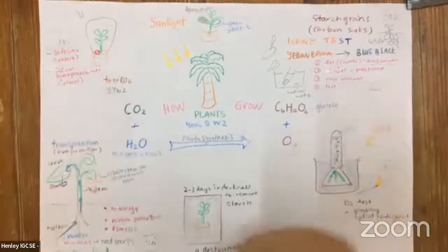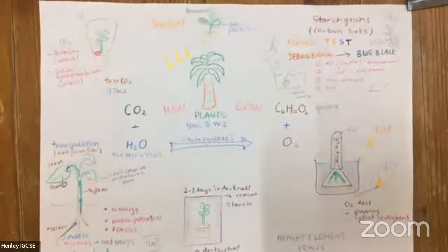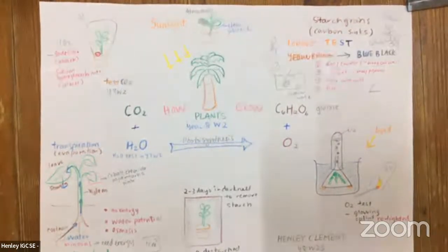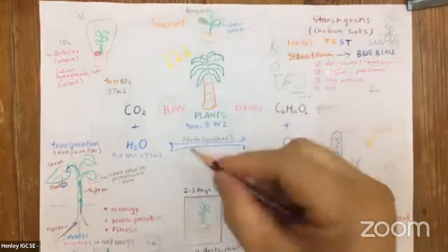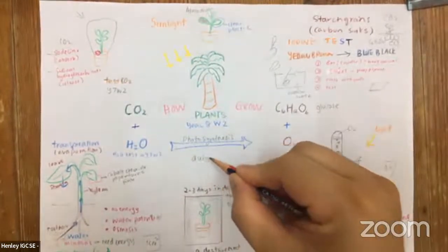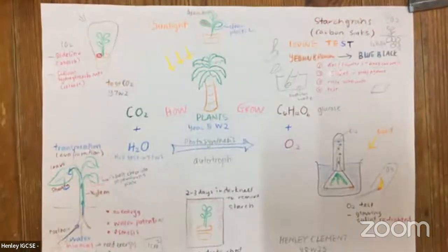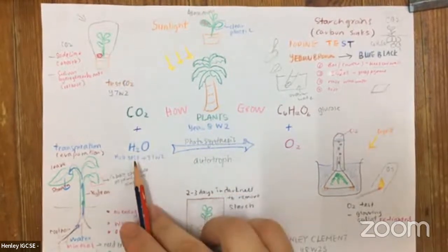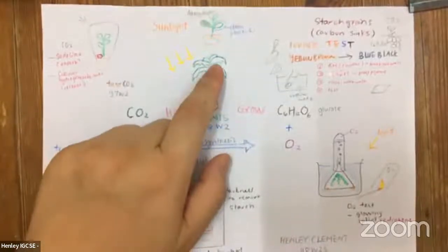So again, I want to summarize it for you. The plants grow and make their own food. We call it autotroph, A-U-T-O-T-R-O-P-H. The materials they need are carbon dioxide and water, with the help of sunlight. Can you see the green color?